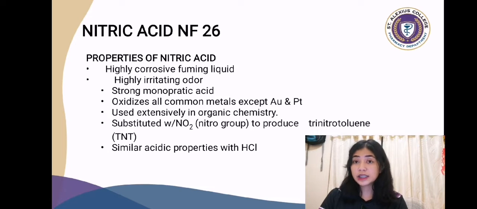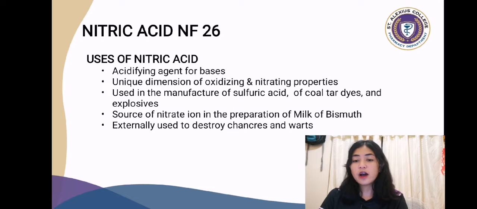It is used extensively in organic chemistry, substituting with NO2 or the nitro group to produce trinitrotoluene or TNT. It has similar acidic properties to hydrochloric acid. The uses of nitric acid are as an acidifying agent for bases, in the manufacture of sulfuric acid, coal tar dyes, and explosives.